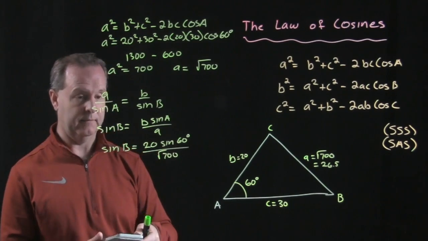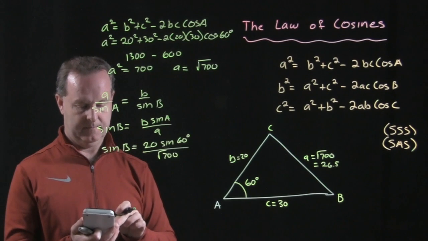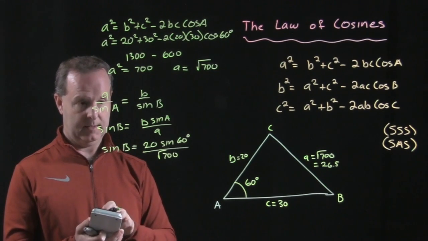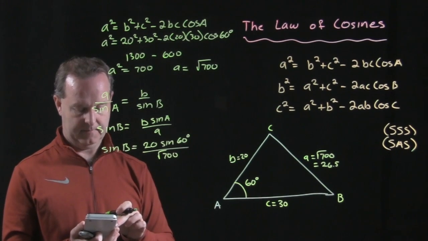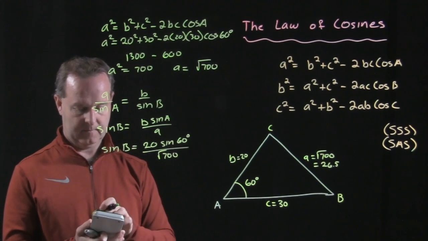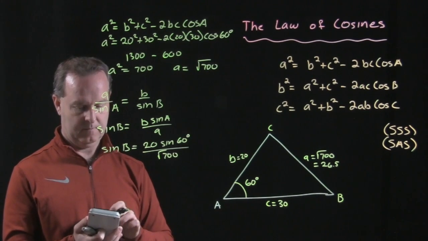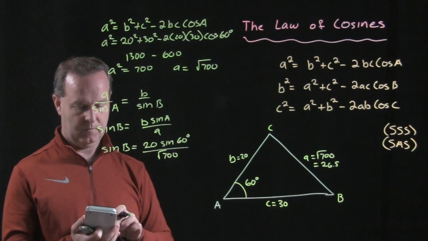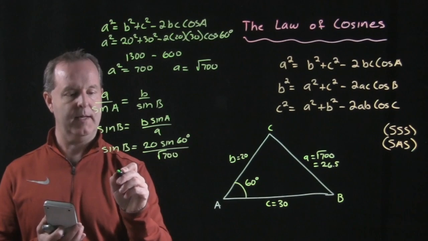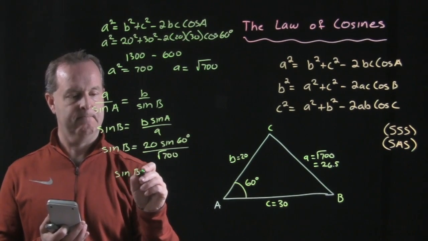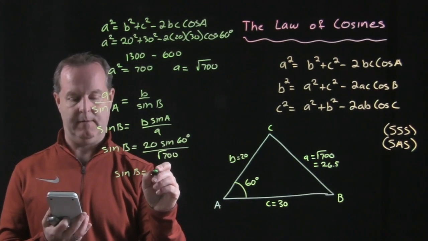All right, let's see what we got here, folks. 20 times sine of 60 divided by root of 700 equals 0.6. So sine of B equals 0.6546, 0.65.